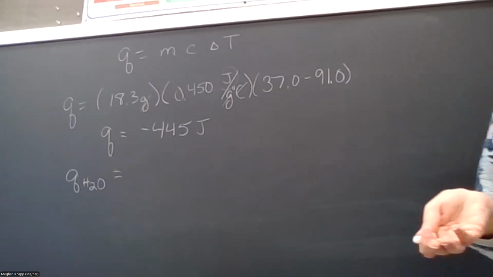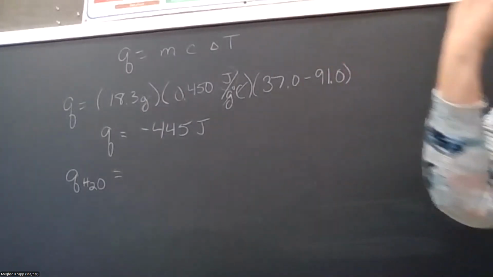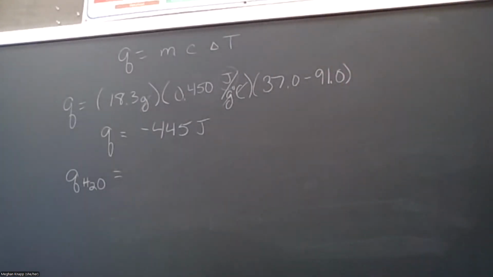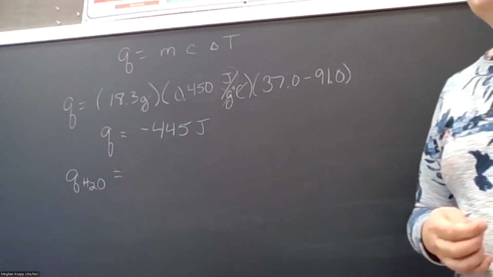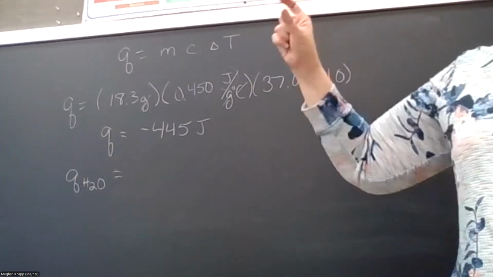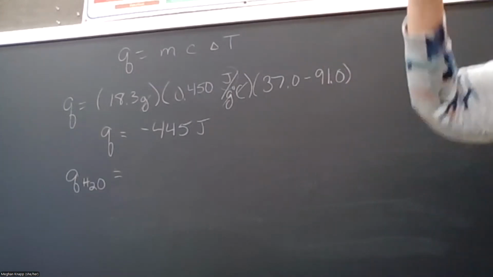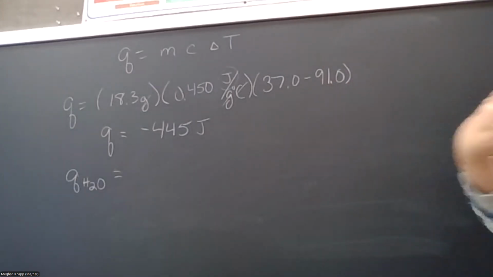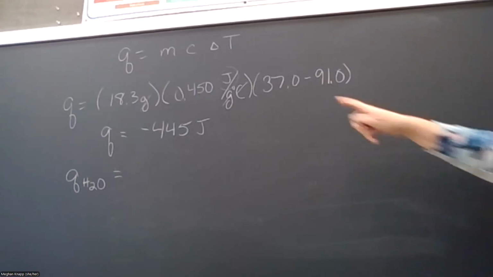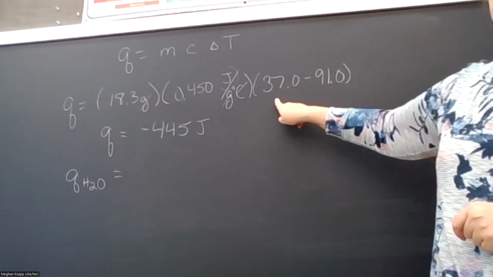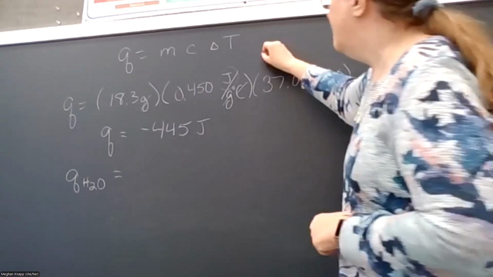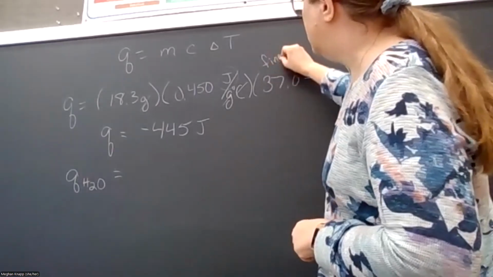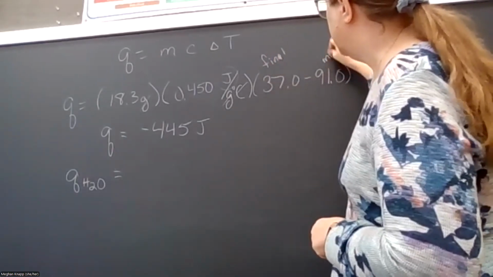Now, if we consider the iron the system and we consider the water the surroundings, we might ask ourselves, okay, let's take this iron as it's cooling off, we're putting it into water. And so that water is going to be absorbing the heat because the final temperature was 37. So we do final minus initial.